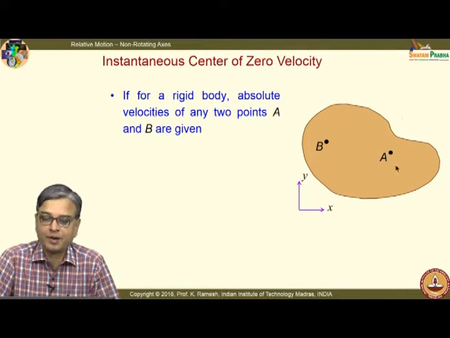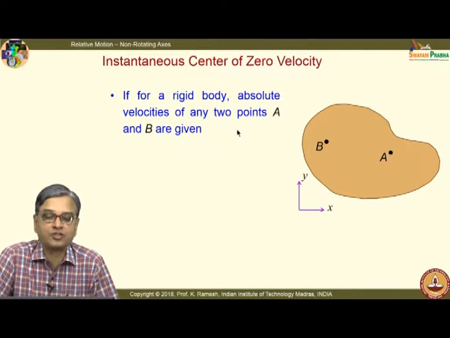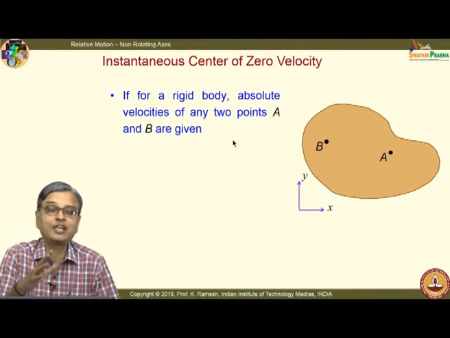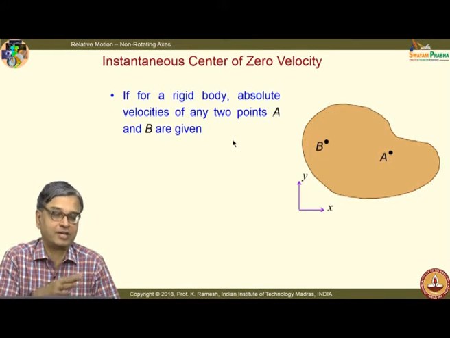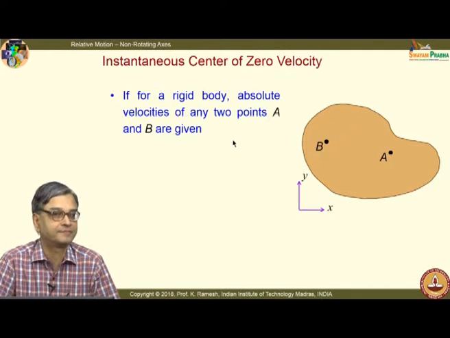I take two arbitrary points A and B, and you know the absolute velocities of these points from your understanding of the motion. Okay, we will solve a problem, then you will appreciate how I get this.